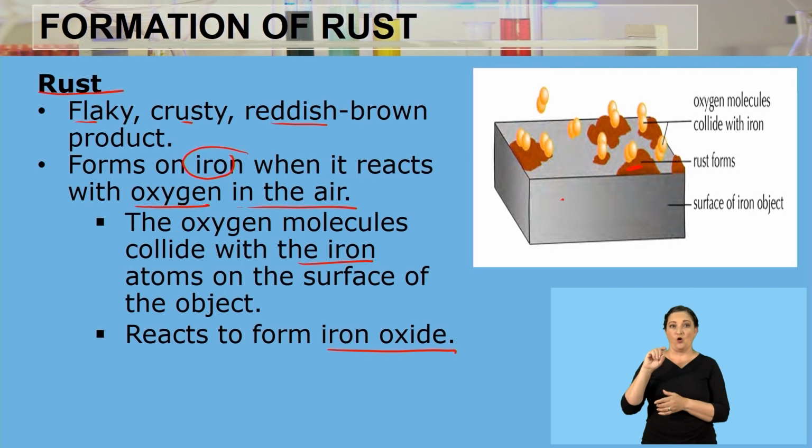So now how do we write the chemical equation for this reaction? We say, this is our word equation, iron plus oxygen will react together to form iron oxide.